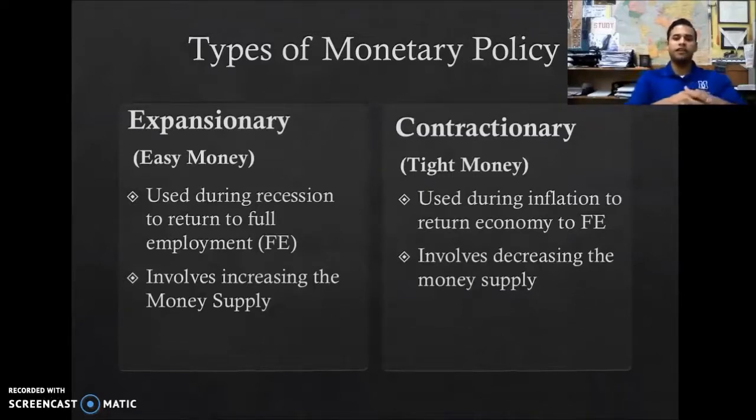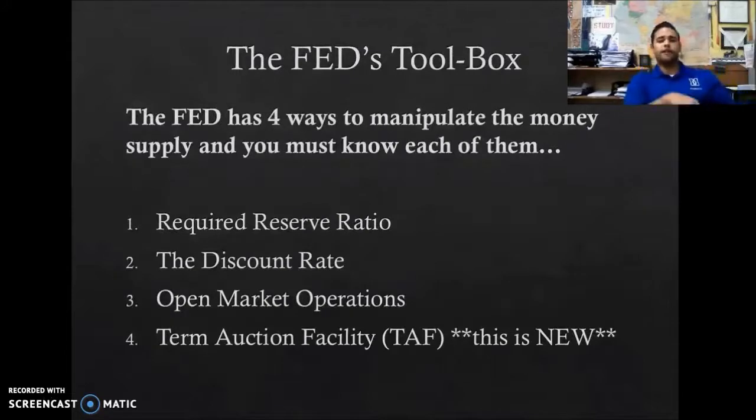And luckily for us, expansionary is more money, contractionary is less money. That's a relationship that's pretty easy to wrap your head around, so go ahead and internalize that. The complex part of Fed policy or monetary policy is how they accomplish that. And there are 4 tools of the Fed. 4 things. You've got to know them. You just have to know them.